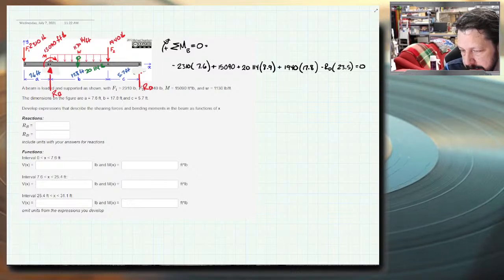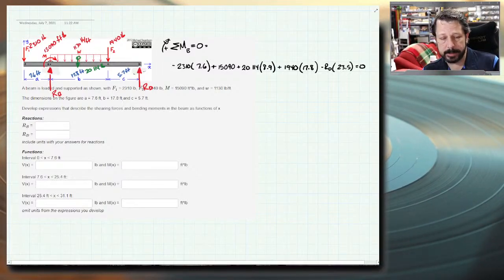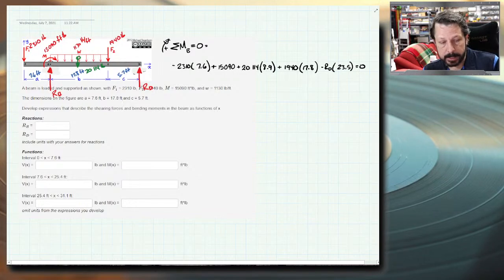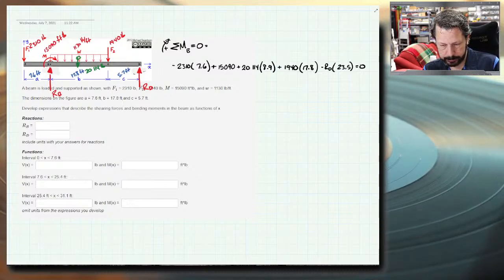And those have to add to 0, or else the beam is rotating about B, which it doesn't appear to be doing. So 2310 times 7.6, that's a negative one, plus 15,090 plus 20,114 times 8.9 plus 1940 times 17.8.